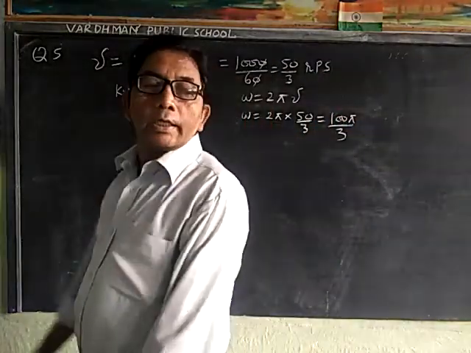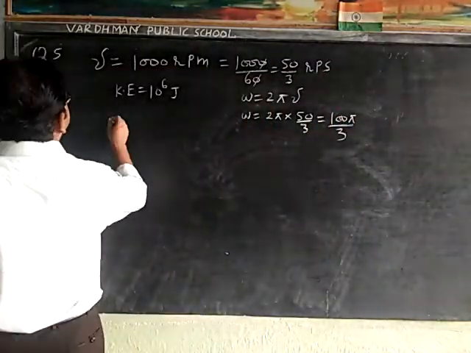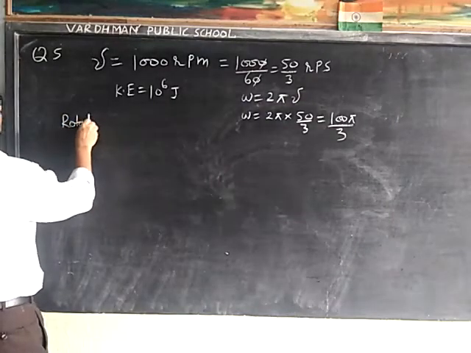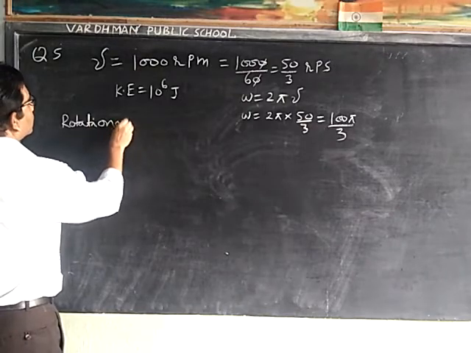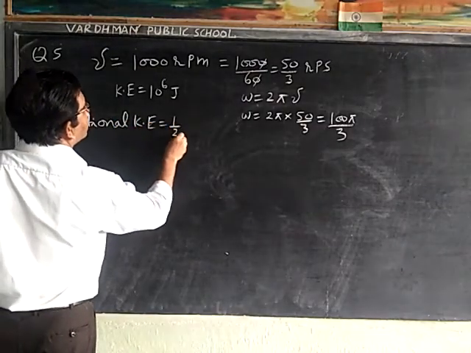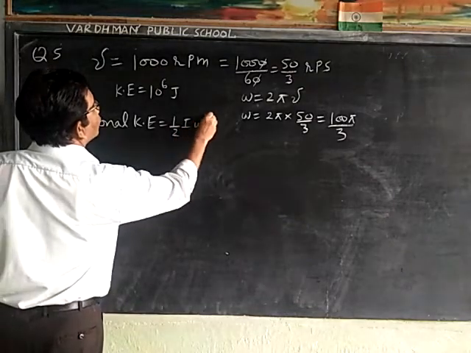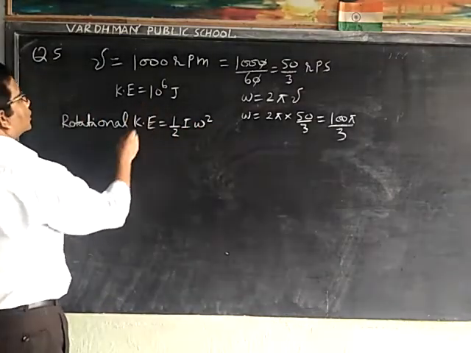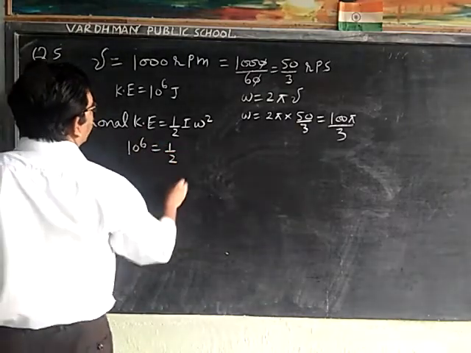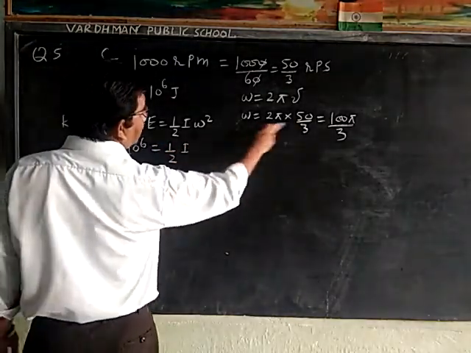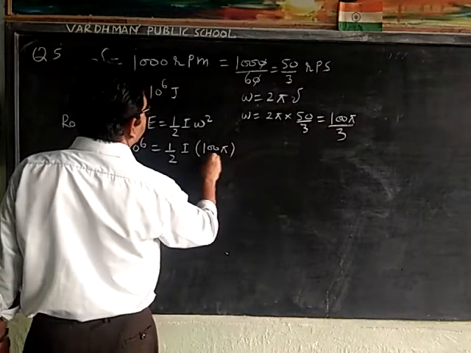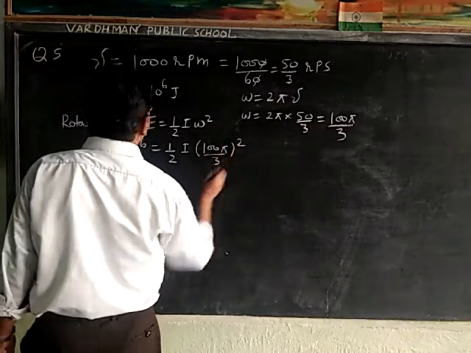Now the rotational kinetic energy formula we have derived: rotational kinetic energy is half I omega square. Rotational kinetic energy is 10 power 6, half I, and omega square is 100 pi upon 3 whole square.